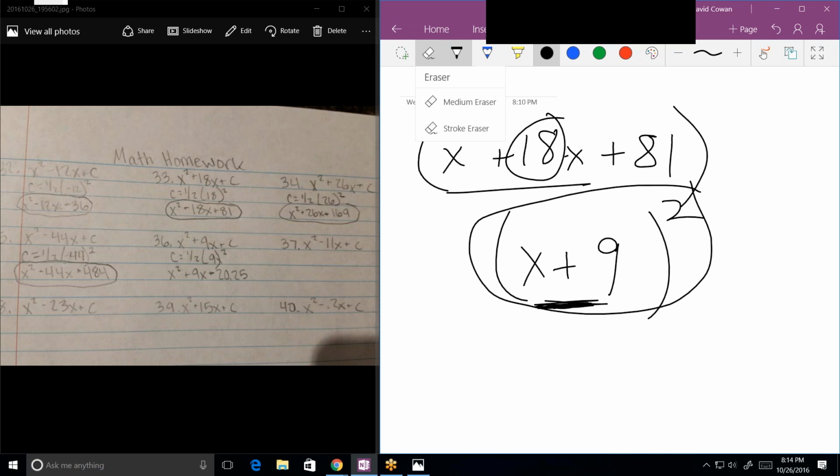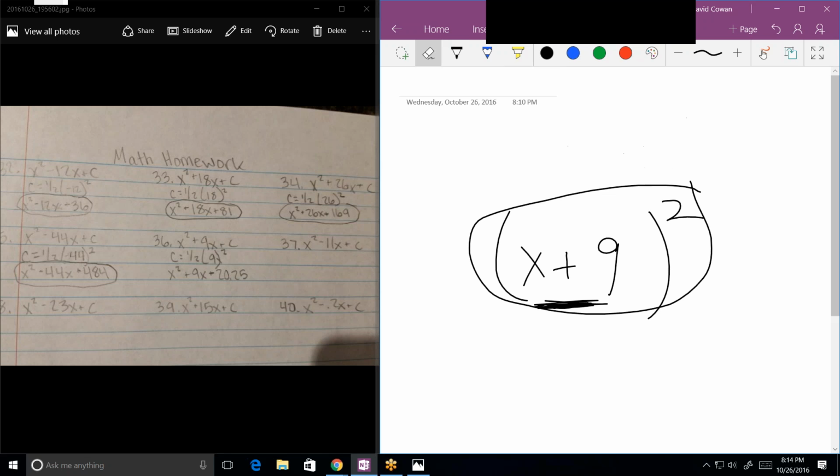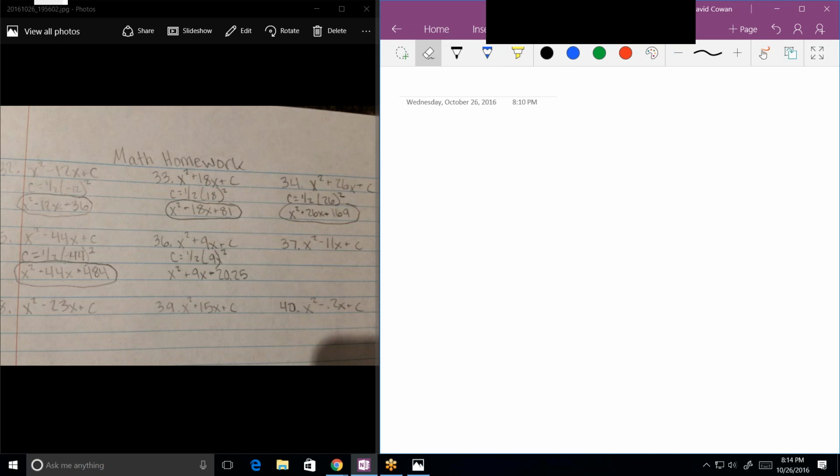And in fact, let's solve a problem using this technique. We'll do 34. Let's say we had this problem, and it's equal to 10. And I want to solve this by completing the square.